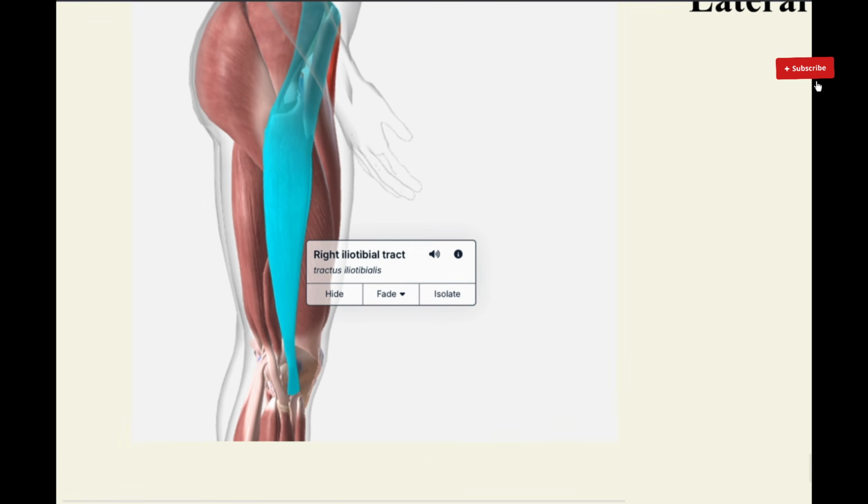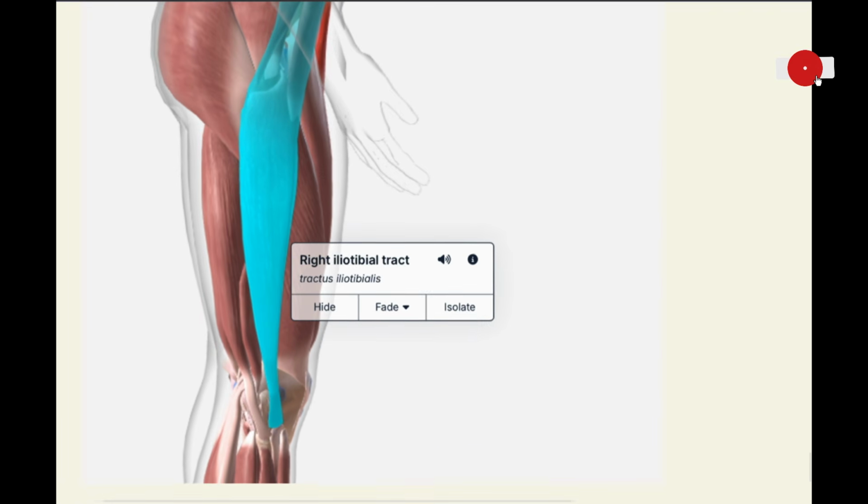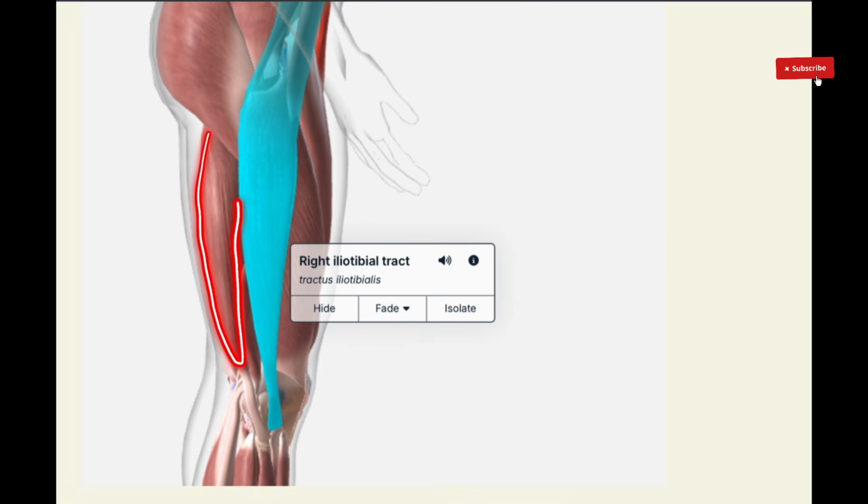Similarly, if you look in front of it, this is the vastus lateralis we already talked about, and this one right here is your biceps femoris, on the posterior compartment, but it is also visible from the lateral aspect. This one is your long head, and this one is the short head of your biceps femoris muscle.